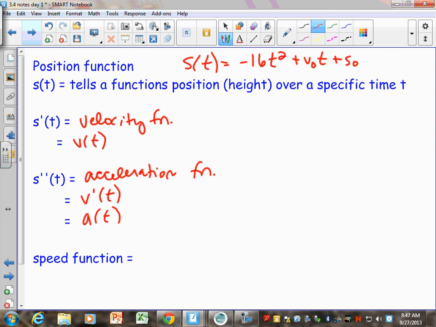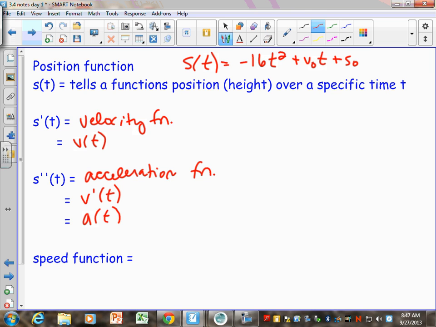Do you know how speed relates to velocity? Any of you physics people? Speed is where you end up, velocity is where your position changes. Maybe. Velocity can be negative and speed can't. Do you agree with that? Velocity shows direction, so if something's falling, we can say it has a negative velocity, but speed can't be negative. So the definition of a speed function in terms of what we're thinking is the absolute value of the velocity function.